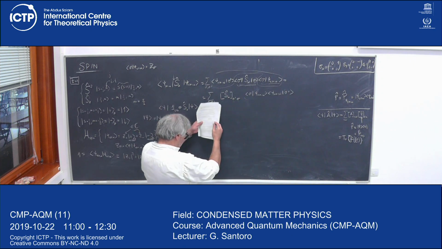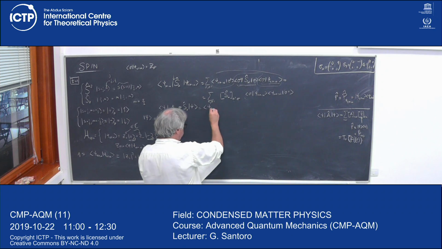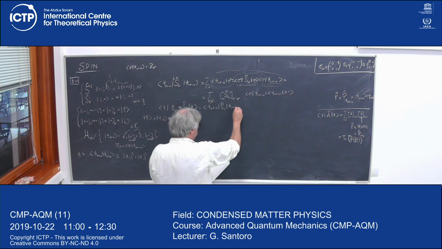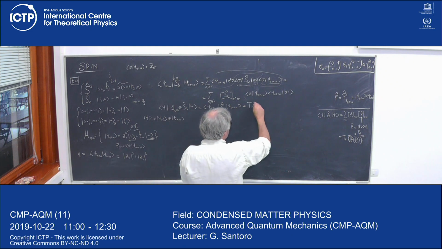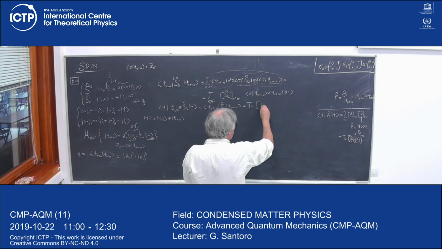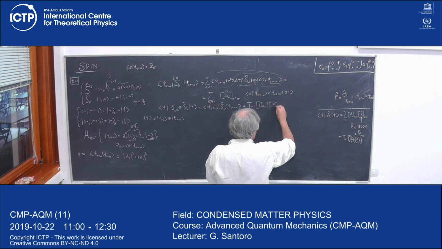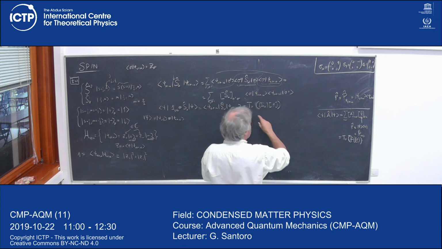So it is equal to psi spin S alpha psi spin, which is equal to the trace of the 2 by 2 matrix representing the spin alpha, and the 2 by 2 matrix representing the pure projector on the spin state rho.